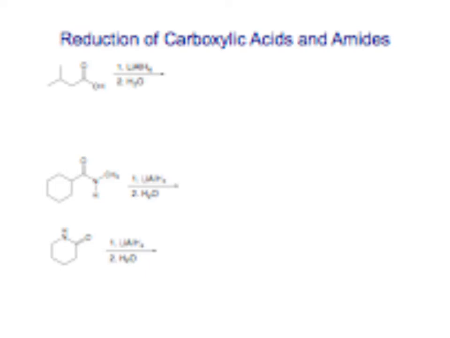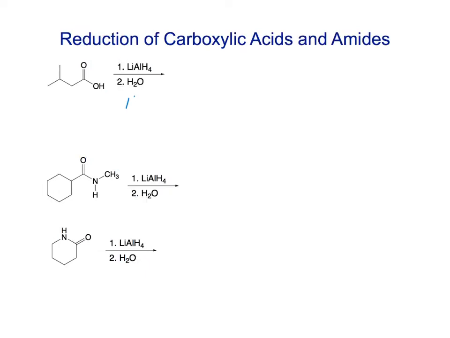The main difference in the mechanism, I don't know that I'll do the whole thing here, is that because lithium aluminum hydride, and hydride in general, is very basic, what do you think is going to be the first step of this reaction? Right, it's going to be just an acid-base reaction because carboxylic acid is acidic. So the first step is going to be just removal of this proton.